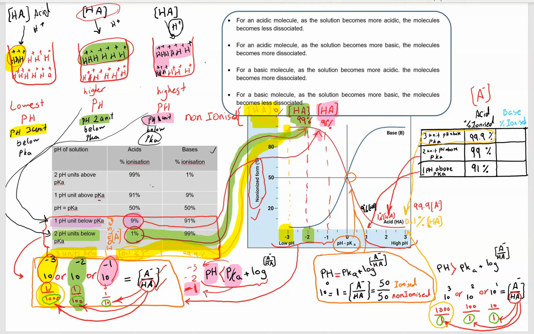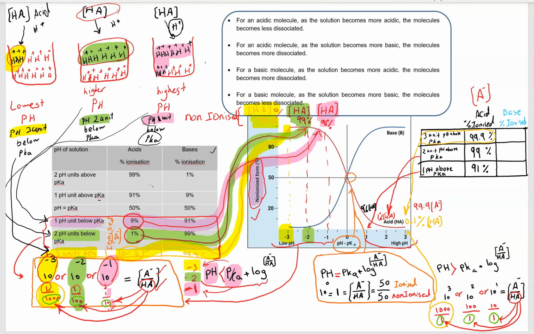That's the idea of the ratio of ionized to non-ionized. But this graph is talking about non-ionized, so we are looking for non-ionized. So non-ionized is 10 times bigger than the ionized one. Yeah, non-ionized is 10 times more than the ionized one. So we are looking at this table and this graph.